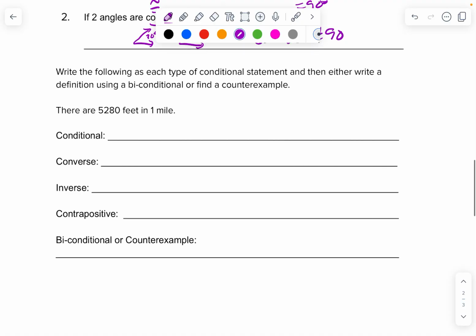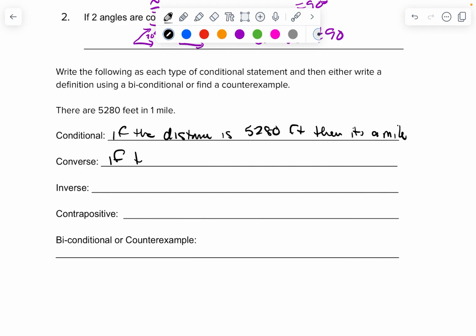So let's consider this statement. There are 5,280 feet in a mile. If the distance is 5,280 feet, then it's a mile. If the distance is a mile, then it is 5,280 feet.